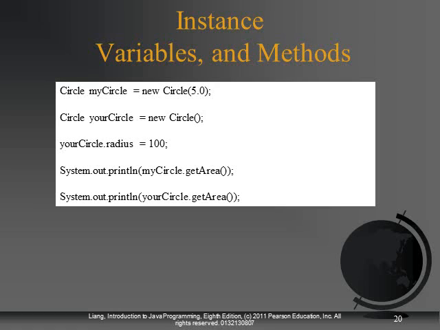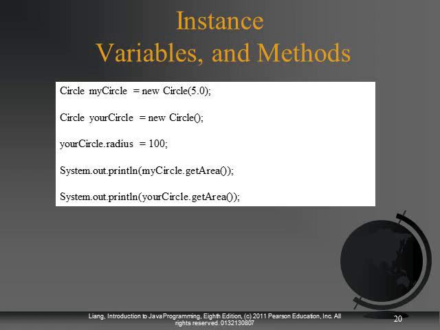Now, just as with instances, objects created from our Student class, each student has a unique instance variable name. So no two instances share the same name, just as no two instances of the circle share the same radius. Methods also belong to the instance.